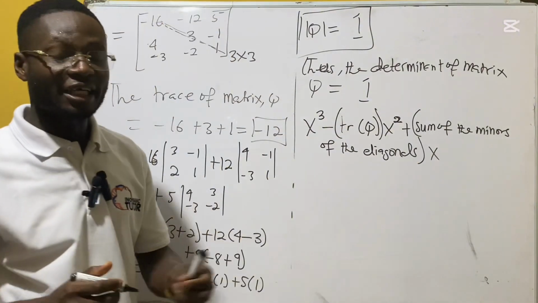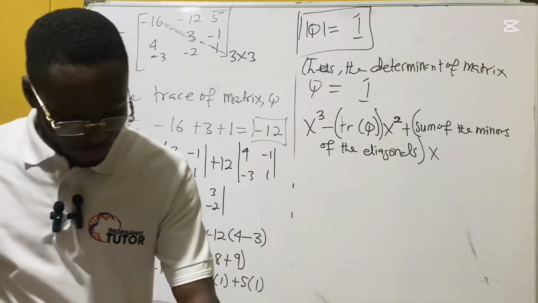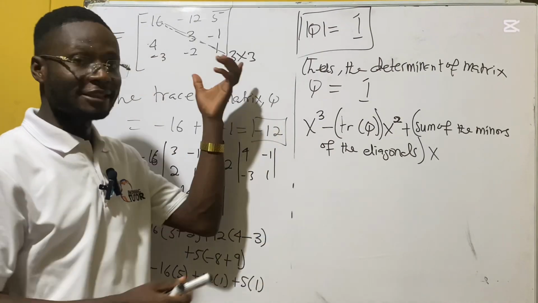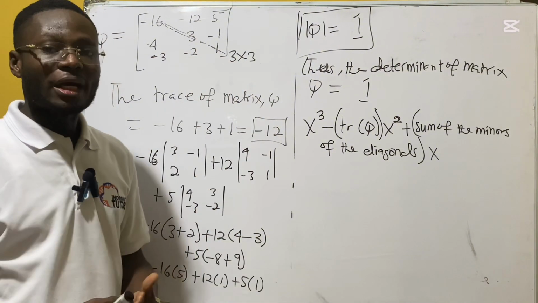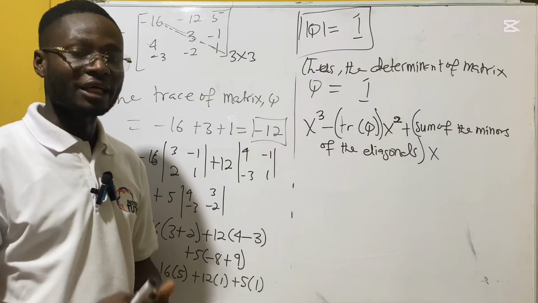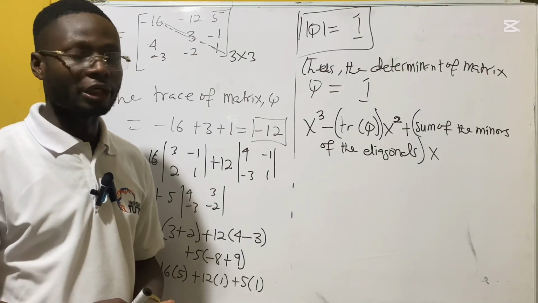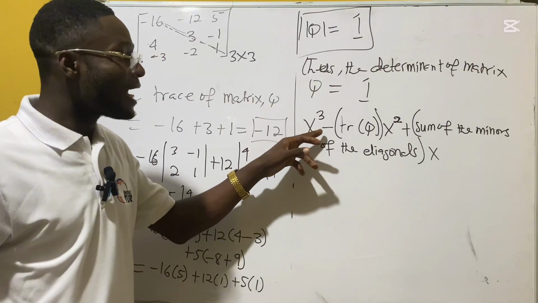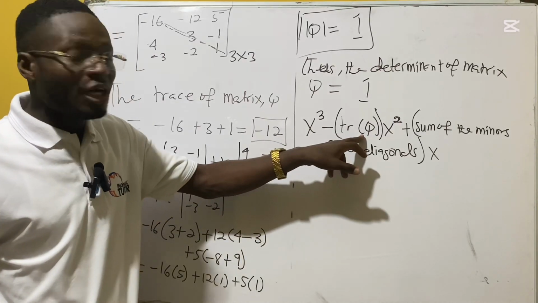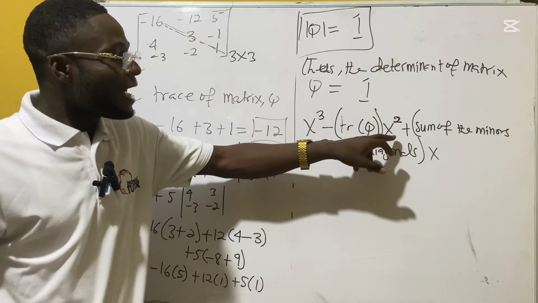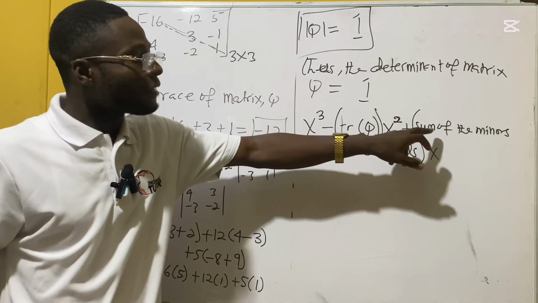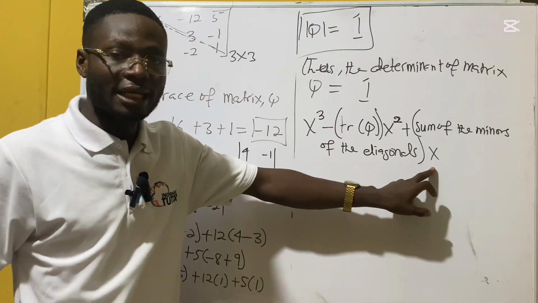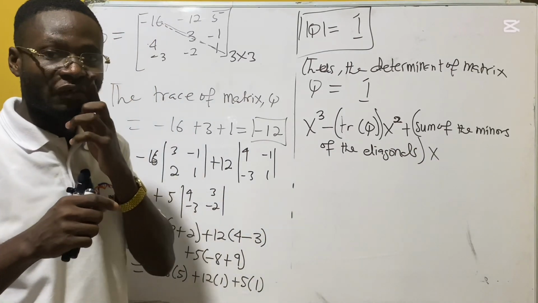This is how we find the characteristic equation of a particular matrix. You check the size of the matrix, and that will help you know how to find the characteristic polynomial. This is a 3 by 3, so the characteristic equation becomes s cubed minus the trace of that matrix times s squared, plus the sum of the minors of the diagonals as the coefficient of s.